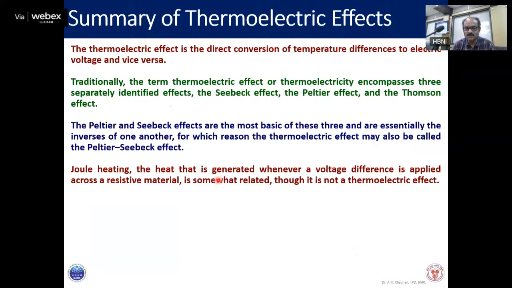Joule heating. What is Joule heating? Suppose you start passing a current through a resistance. In that case, I squared R upon 4.2 joules amount of heat is liberated.